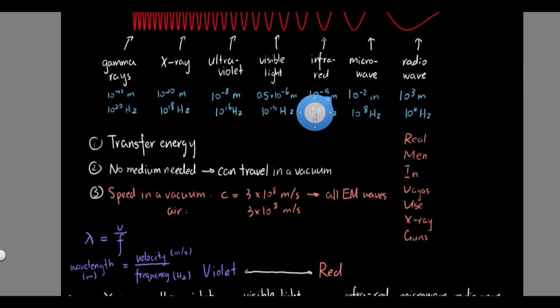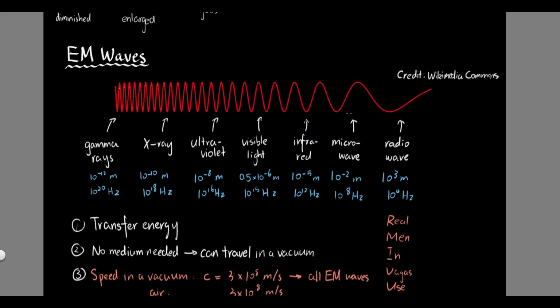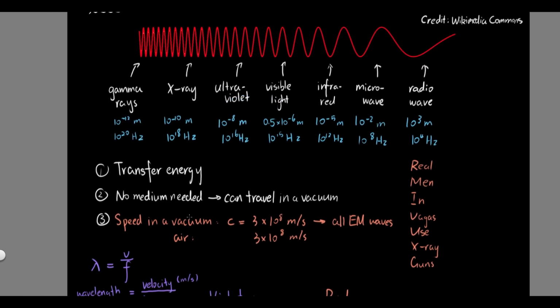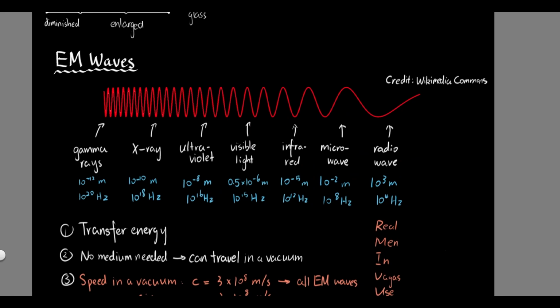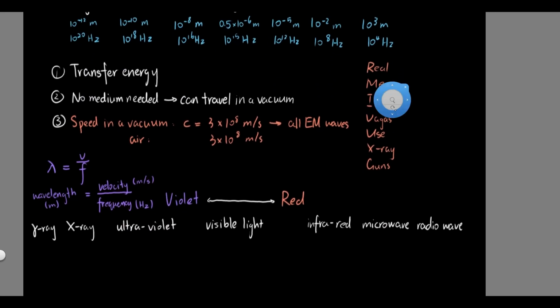Anyway, to sum up, today we talked a little bit about EM waves and the EM spectrum. We talked about what EM waves are, the properties of EM waves, the sequence of EM waves, the EM spectrum from gamma ray to radio wave, and how to remember it using mnemonics. Real Men Vegas use X-ray guns. I find it hilarious.